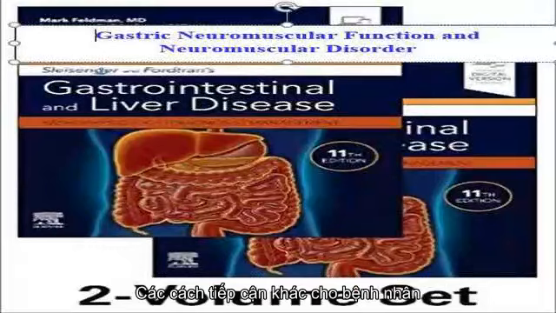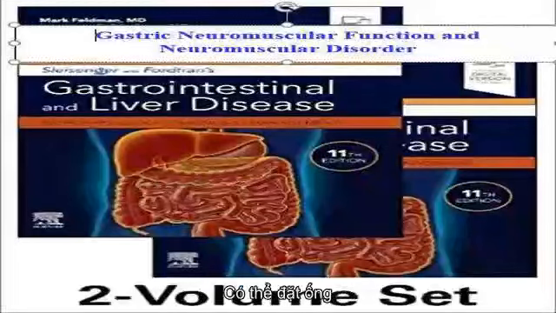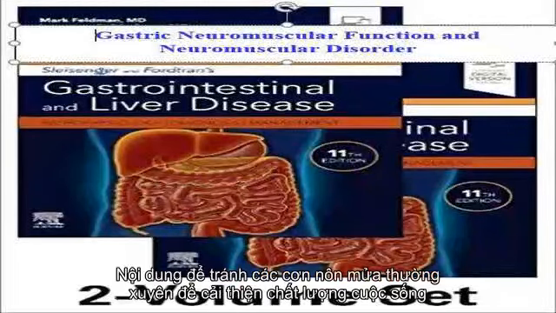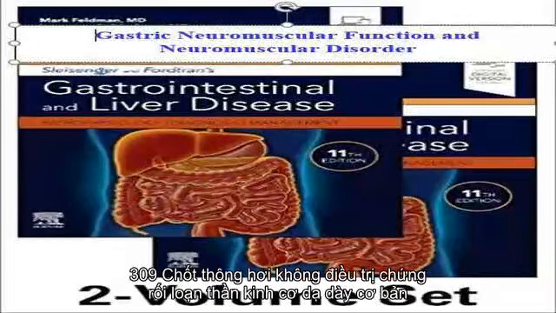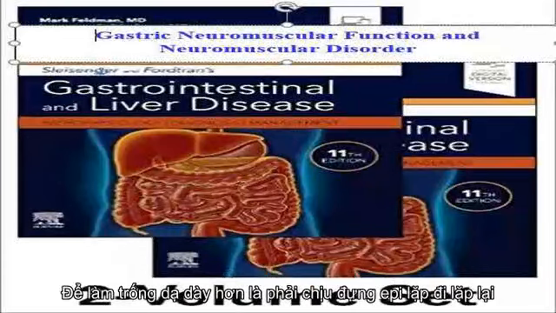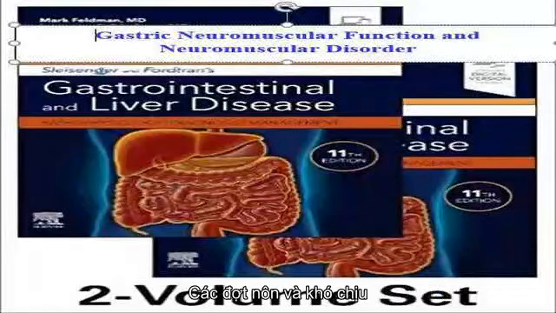Other approaches for patients with chronic nausea and vomiting: percutaneous endoscopic gastrostomy, PEG, tubes may be placed for periodic venting of gastric contents to avoid frequent vomiting episodes and to improve quality of life. The venting PEG does not treat the underlying gastric neuromuscular disorder, but it allows the patients to empty the stomach rather than suffer repeated episodes of emesis and discomfort.